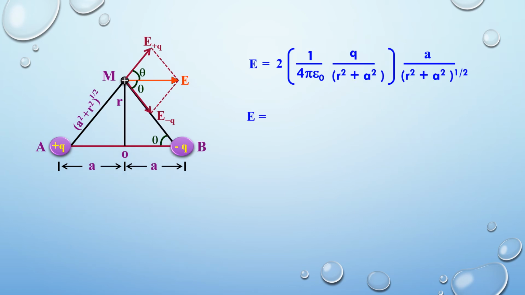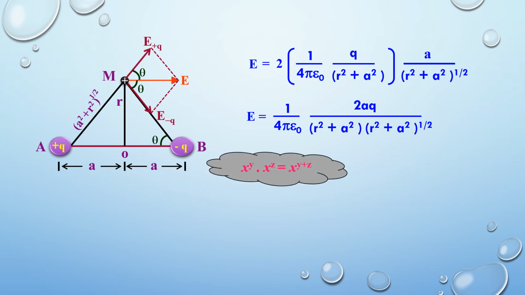Multiply this term inside, I get 1 upon 4 pi epsilon naught 2aq upon r squared plus a squared into r squared plus a squared raised to 1 by 2. We know that x raised to y into x raised to z is equal to x raised to y plus z.